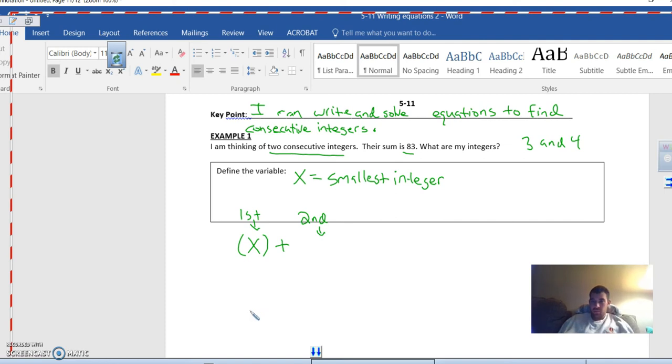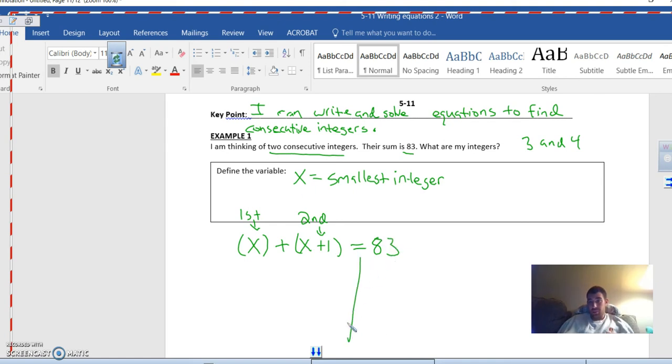How does it compare to the first one? Since they're consecutive, it's going to be 1 greater than x. Right? It's 1 more than x because it's consecutive. So x plus x plus 1 equals 83.